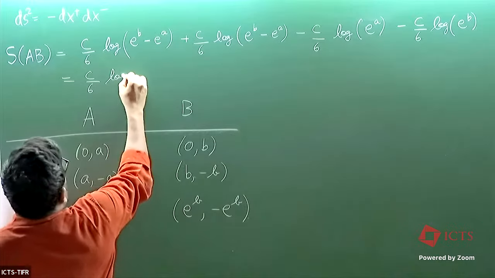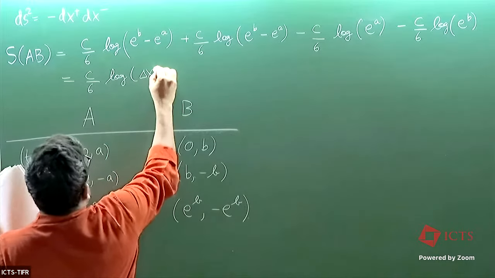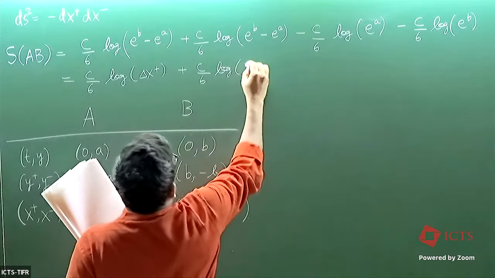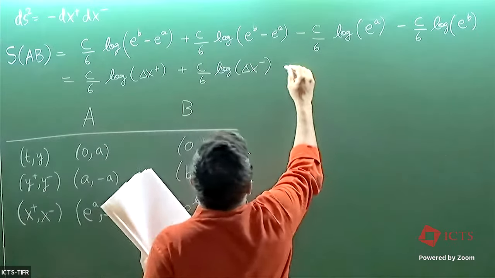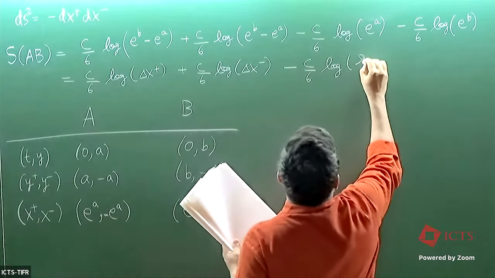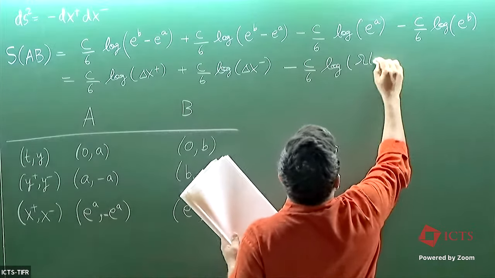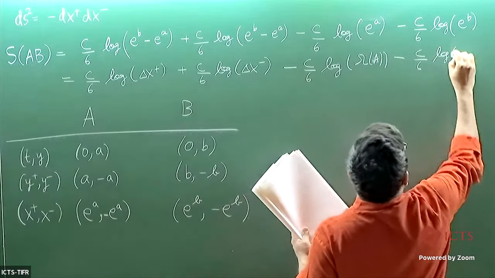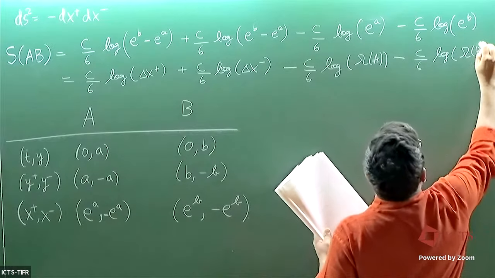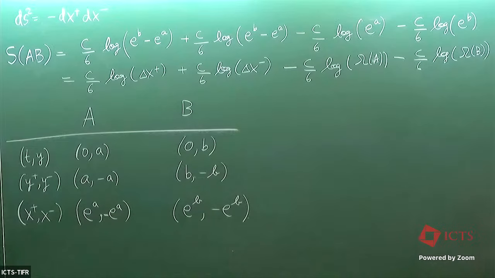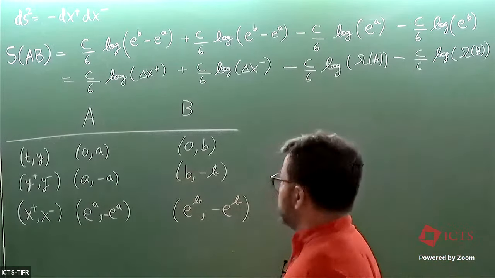So this came from log of delta x plus, this came from log of delta x minus, minus c over 6 log of omega at A, minus c over 6 log of omega at B. Okay, are there any questions about how we wrote this expression? It's just using the results on the previous board.